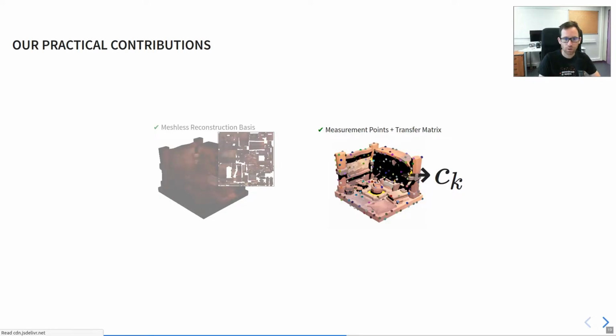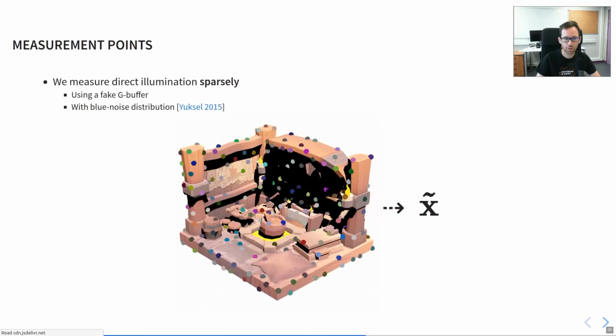Okay, now that we have a way to build and access a database of indirect illumination, we need to do the same for the direct illumination. Instead of projecting the incident lighting into a basis, we choose to measure direct illumination at a sparse set of locations on the axis or on its convex hull.